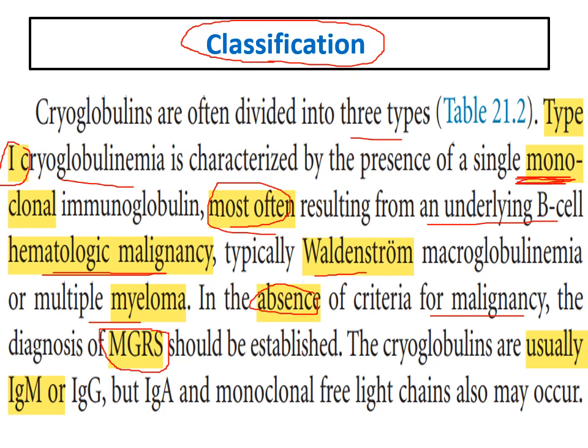The cryoglobulins are mostly IgM or IgG, but also IgA and monoclonal free light chains can occur, but the most common is IgM. So in type 1 cryoglobulinemia, they are monoclonal immunoglobulins, usually with hematological malignancies.